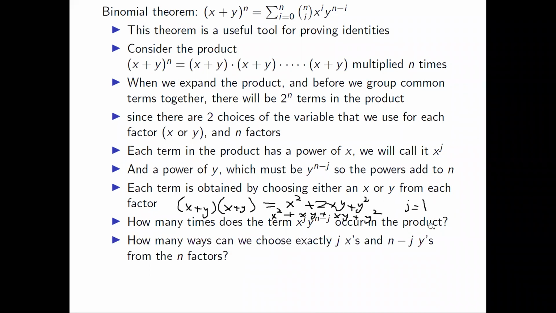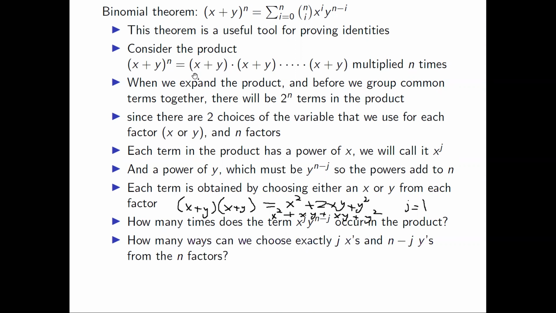Well, to count the number of times that the term x to the j, y to the n minus j occurs, all we have to do is count the number of ways that we can choose j x's and n minus j y's from the n factors. And I just want to emphasize here, the n minus j y's have to be from the factors that are not the factors that we chose the x's from.